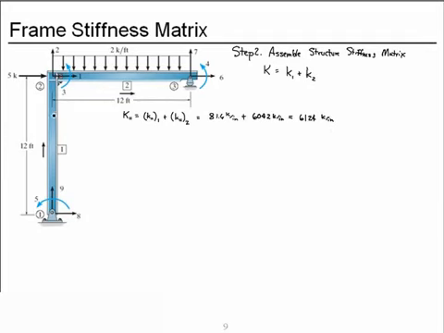Now as we look at this frame, note that we'll get contribution from multiple members only if multiple members share those degrees of freedom. So in the case of 1, both members meet at degree of freedom 1, and so both contribute.